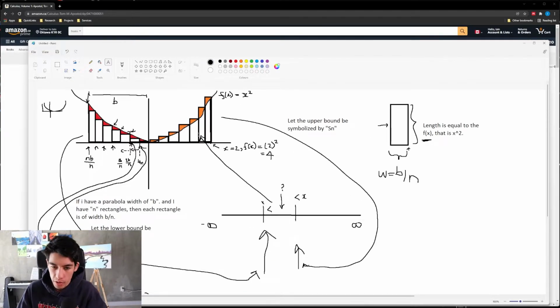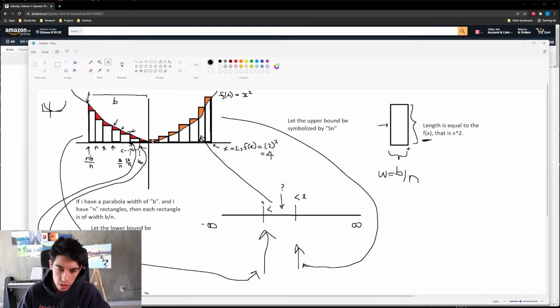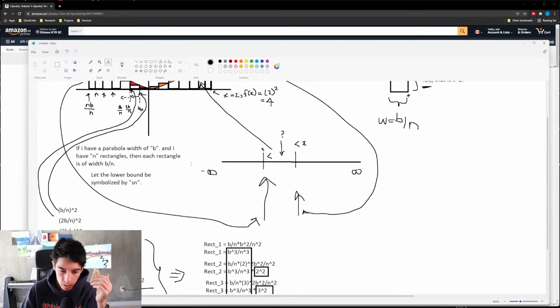Now, if we were to do the same thing for the upper bound, it would be nearly identical, right? Except there's just one more rectangle to account for, because it's an upper bound to the parabola, and the parabola intersects at origin 0. The rectangle automatically is greater than 0 because it's an upper bound, and therefore there's one additional rectangle in the number of rectangles that we've inscribed, and that's n minus 1 plus 1 is n.